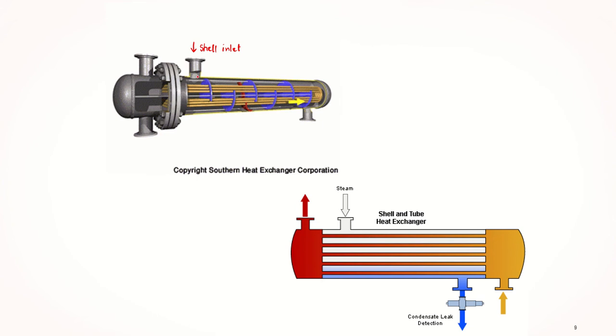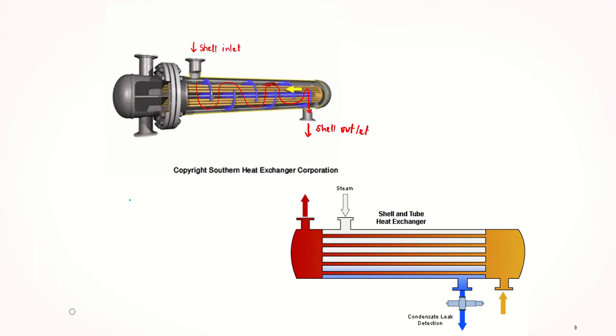So the shell inlet here will move through the outside of the tubes, and it will go straight to the shell outlet. So as you can see, it will move something like this due to the baffle and so on. Okay, so this would be for shell side.